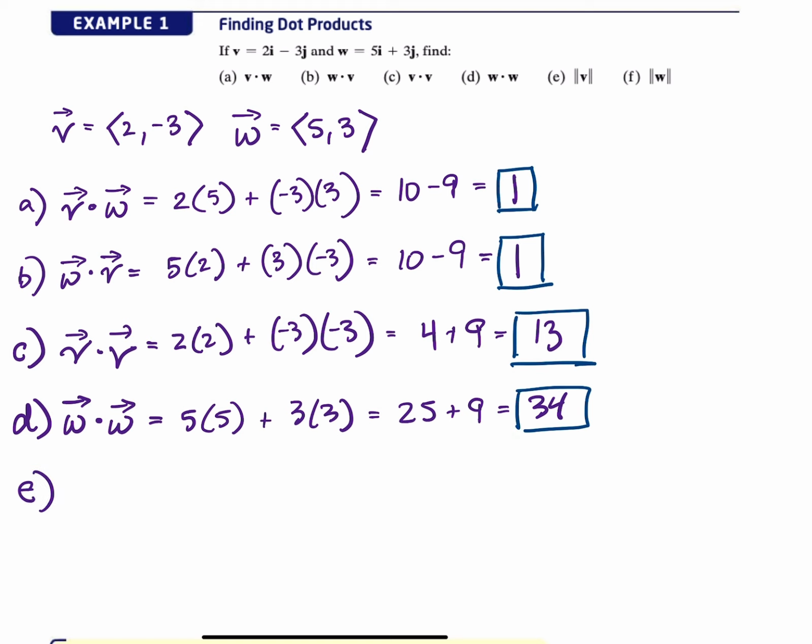Part E asks for the magnitude of v. So if you recall from last time, we get the magnitude via the Pythagorean theorem. This will be the square root of a squared plus b squared. So for v, that would be the square root of 2 squared plus negative 3 squared.